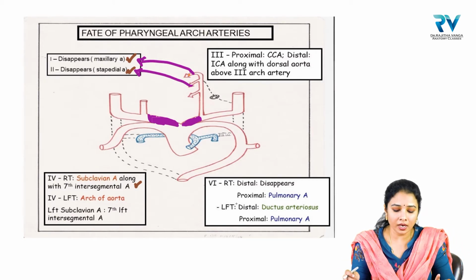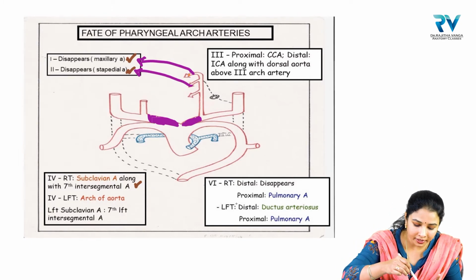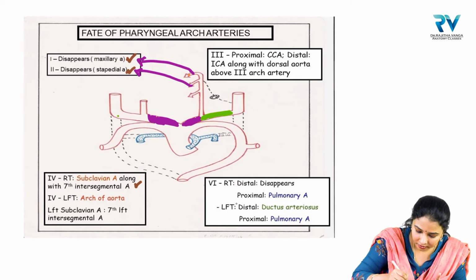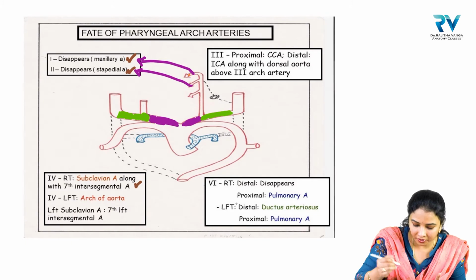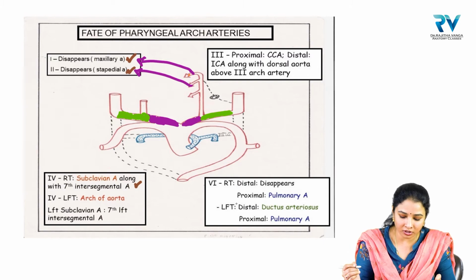Whereas the distal part of the third arch artery will form the internal carotid artery. So here we can see it forms the proximal part of the internal carotid artery. Proximal part of internal carotid. And the distal part of the internal carotid is derived from the dorsal aorta.